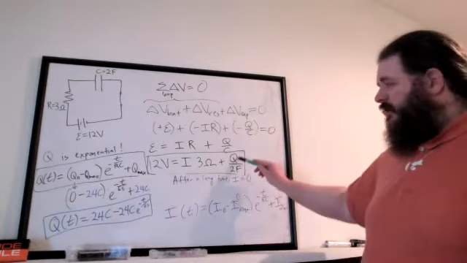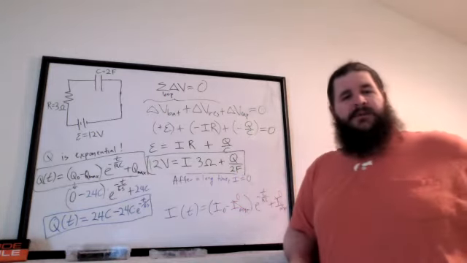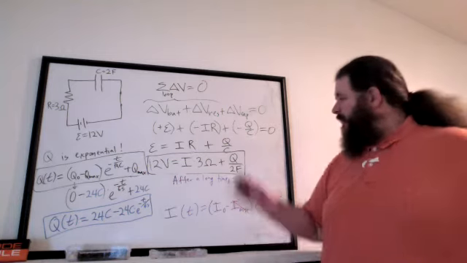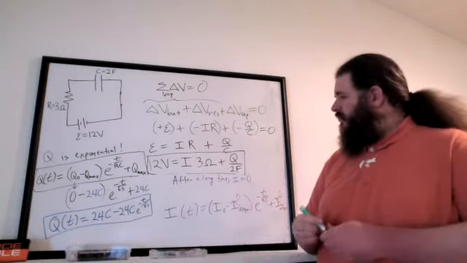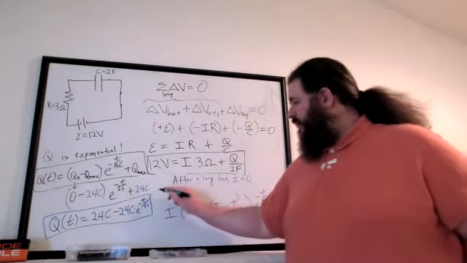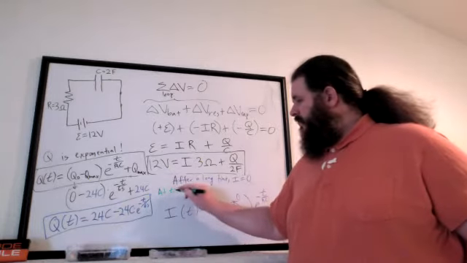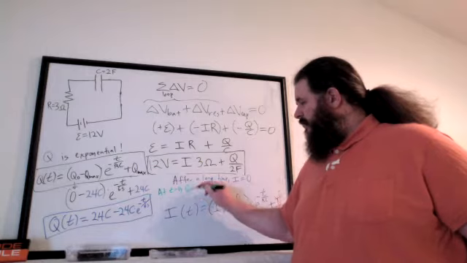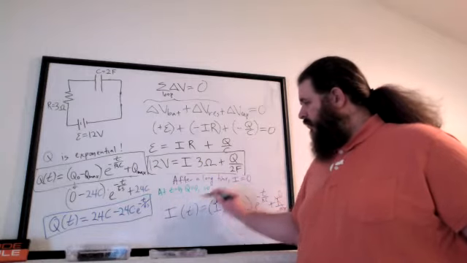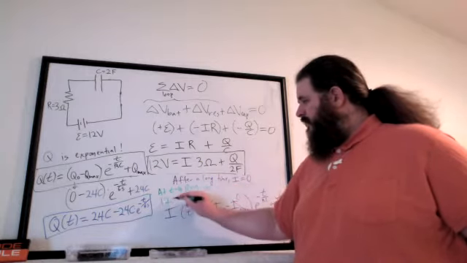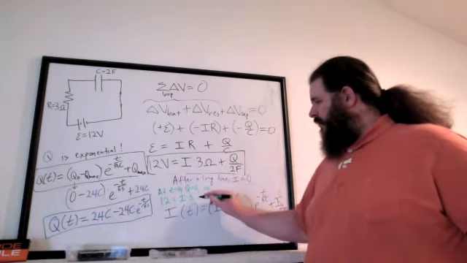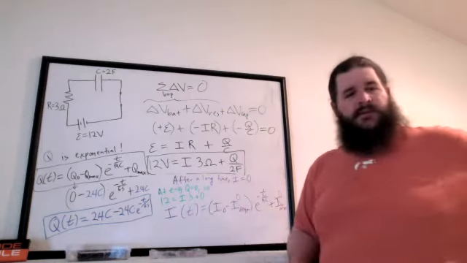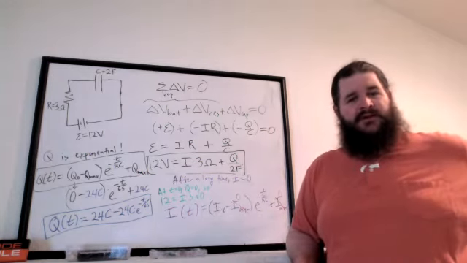So you can plug in 0 for charge. Or if the capacitor did not start off empty, you just plug in whatever starting value for charge you have for Q. But since the capacitor starts off empty, we can say at time 0, the capacitor is empty. Charge equals 0. So we get 12 volts equals current times 3 plus 0. The loop rule becomes much simpler by just plugging in 0 for Q.